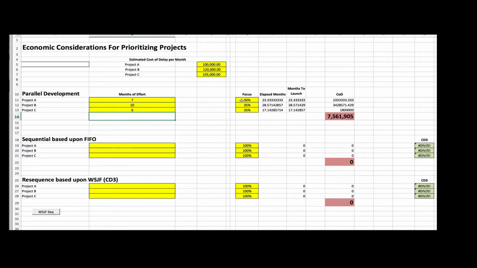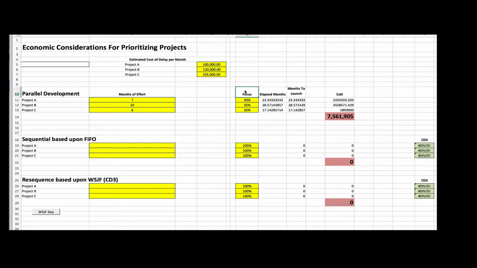And what we've done over here in the focus column, as you can see, is we are going to approach these projects simultaneously, where we're going to spend about 30% of our resources, our people's time, on Project A over the course of 7 months. We're going to spend 35% of their efforts, their time, on Project B and 35% on Project C.